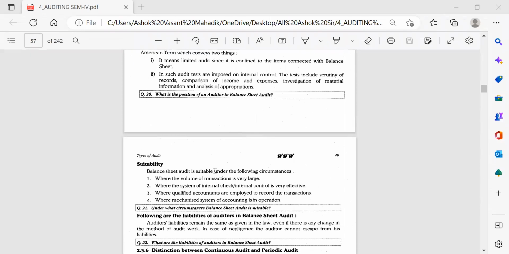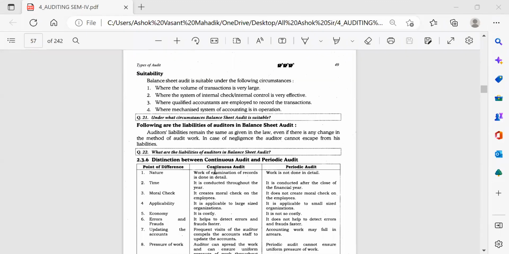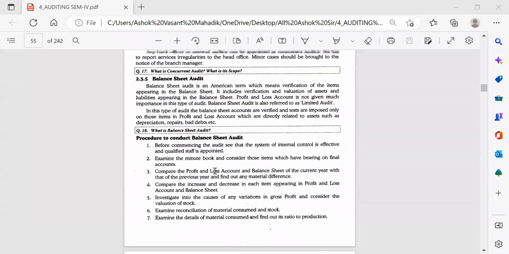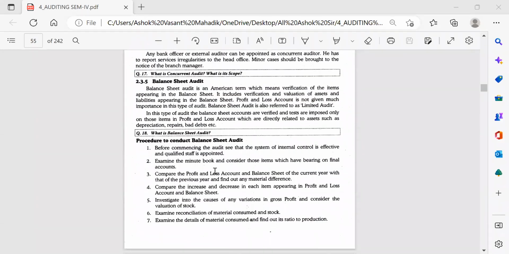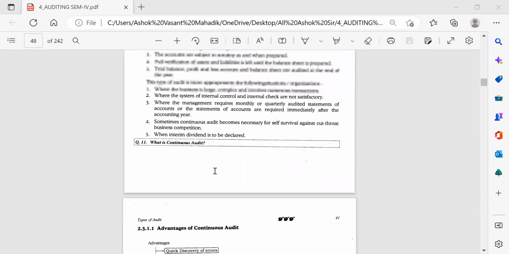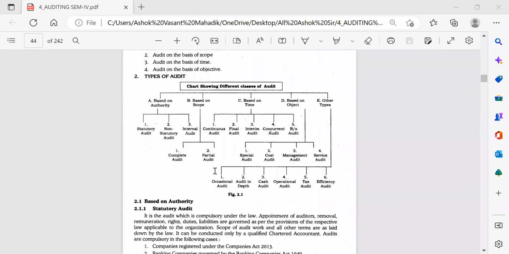We'll stop here. Whatever I have taught you today is important. Balance sheet audit, not much important, but maybe they're in objectives. But the rest of the types are very important. I'll go to the chart once again. So in the previous lecture we covered based on authority.